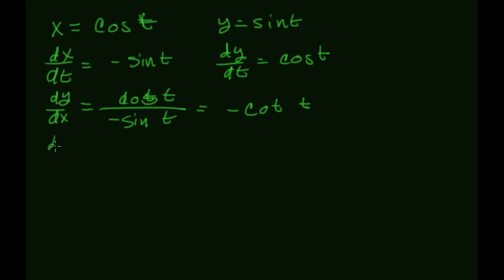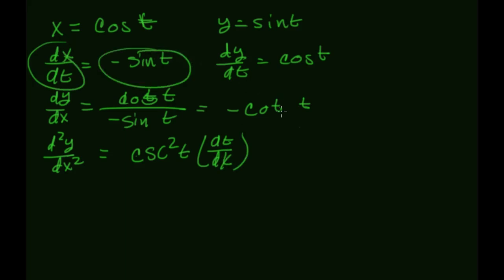Okay, so if I take the second derivative of that, let's see, the derivative of the cotangent is the negative cosecant squared of t, and then I take the derivative of the inside, because this is implicit, so this is going to be dt/dx, but we know dx/dt, so I just multiply by the reciprocal of that.